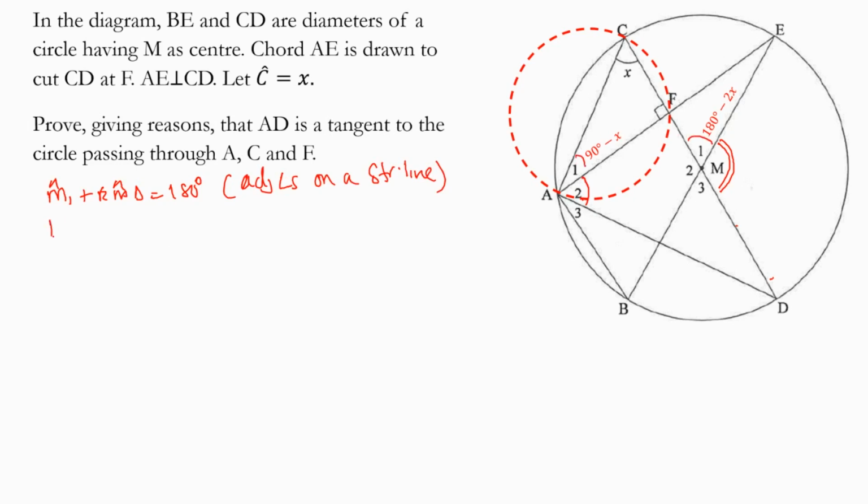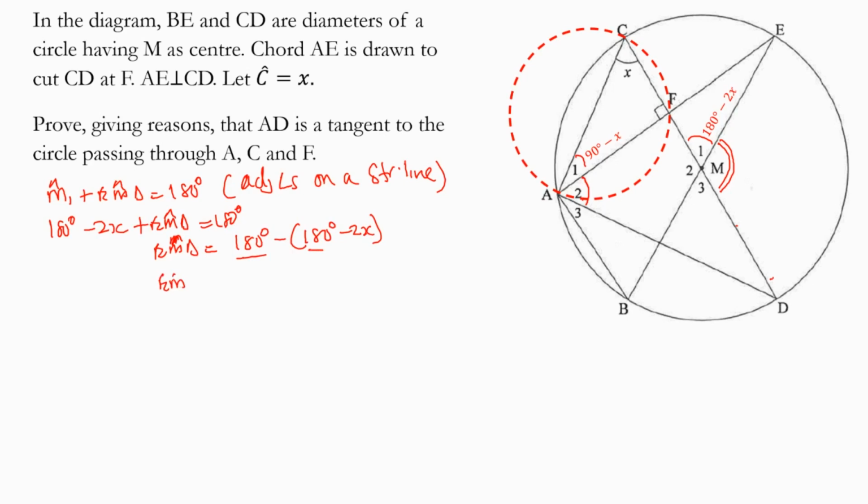So 180 degrees minus 2x plus EMD is equal to 180 degrees. Then angle EMD is equal to 180 degrees minus (180 degrees minus 2x). Okay, and then 180 degrees minus 180 degrees is 0.